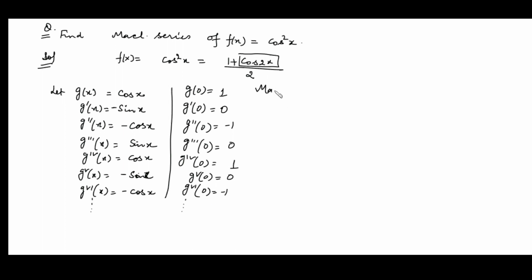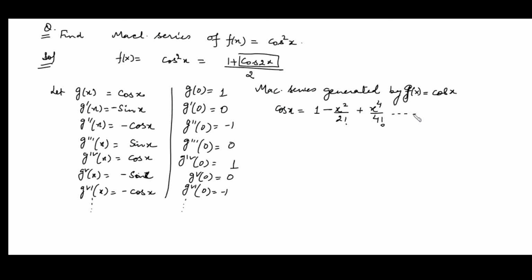So we can write down the Maclaurin series generated by g(x) is equal to cos x, which comes out to be f at 0, which is 1, then 0, then minus x square by 2 factorial, then x to the 4 by 4 factorial, and so on. So this is the Maclaurin series generated by the function cos x.